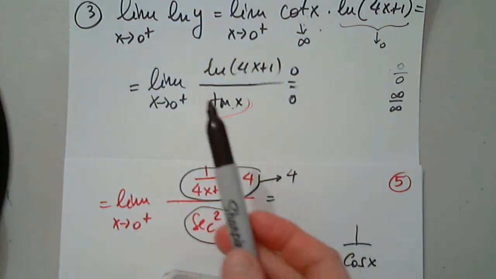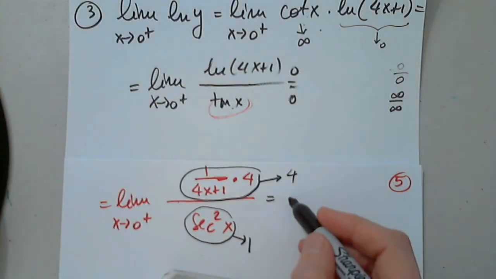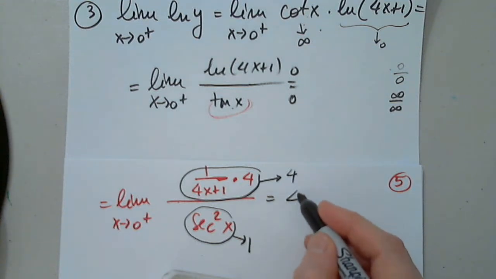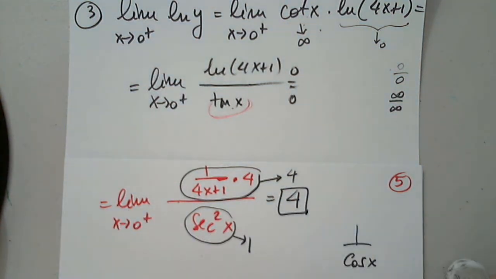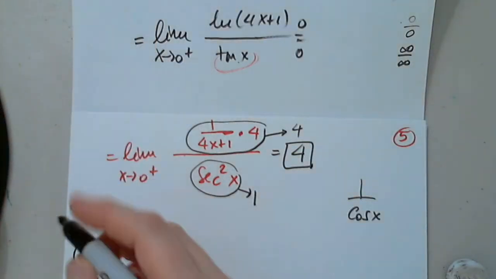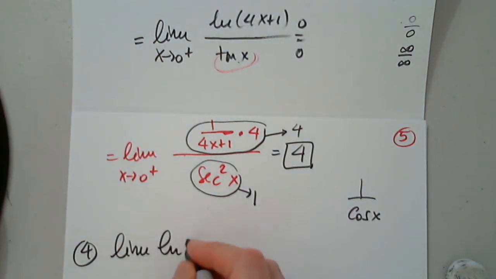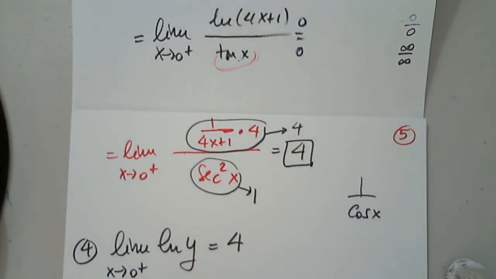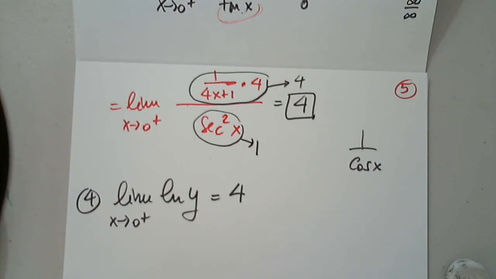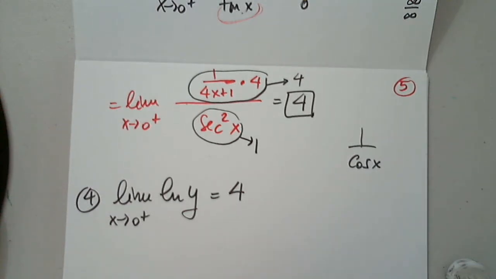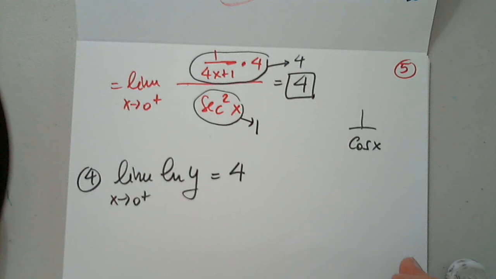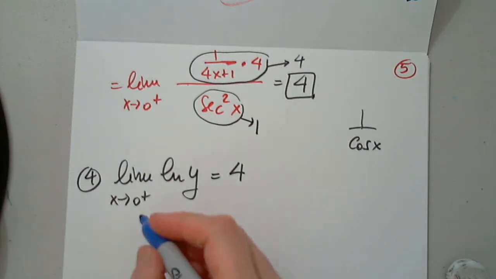So then what is this limit of the natural log equal to then? 4. That's it. In step 4, we copy the beginning and we copy the end. And now what do we do in this step? We are ready to swap the operator. Very good.